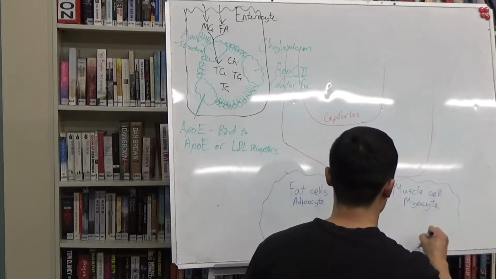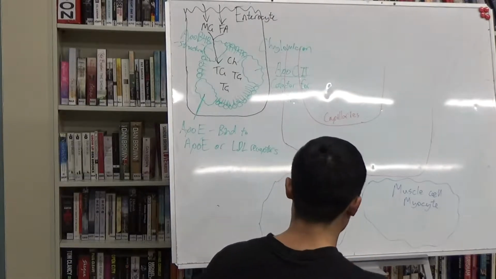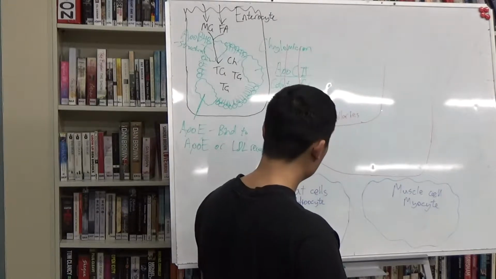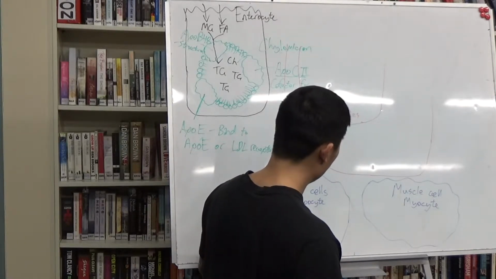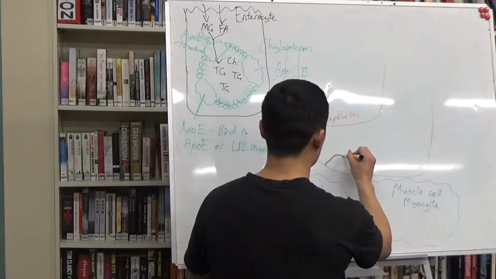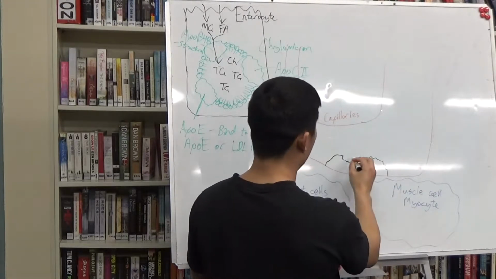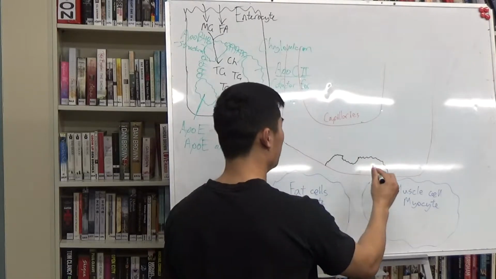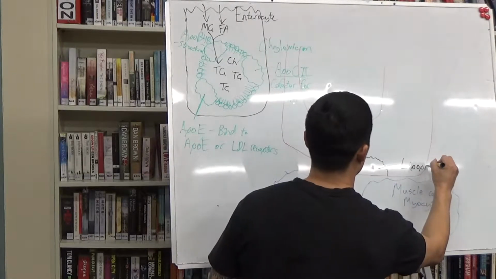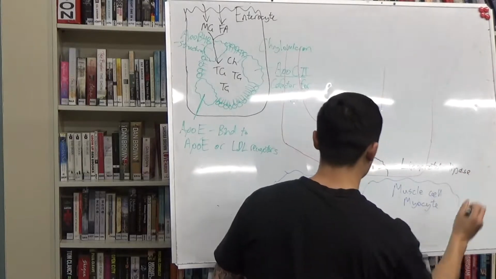Okay. So on the walls of the capillaries, you're going to have an enzyme, and this enzyme has a little groove. So this enzyme is called lipoprotein lipase. Okay.